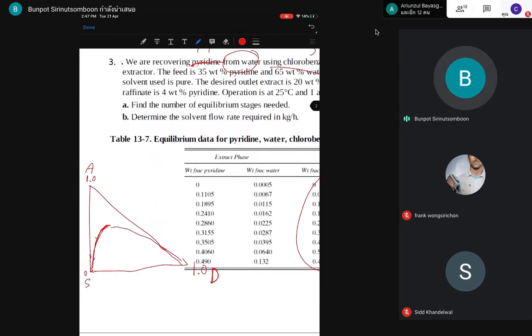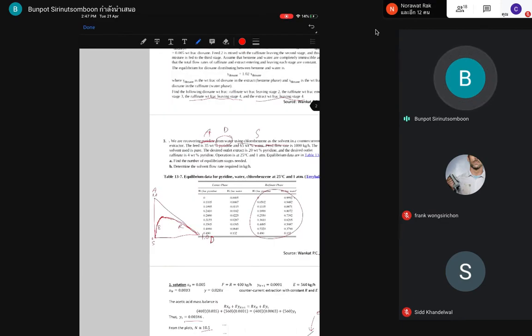The whole thing is called the solubility envelope. On the left side is the extract line, and on the right side is the raffinate line.